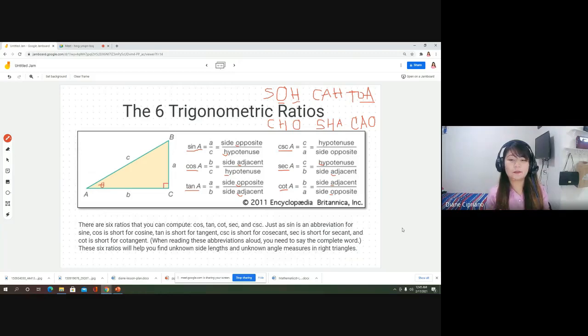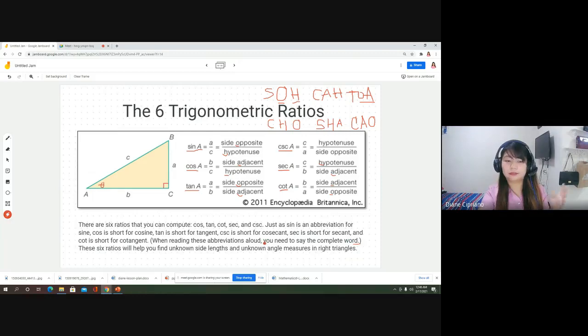Just as sin is the abbreviation for sine, cos is short for cosine, tan is short for tangent, csc is short for cosecant, sec is short for secant, and cot is short for cotangent. When reading these abbreviations aloud, you need to say the complete word.